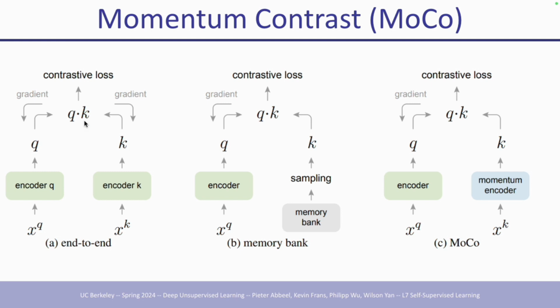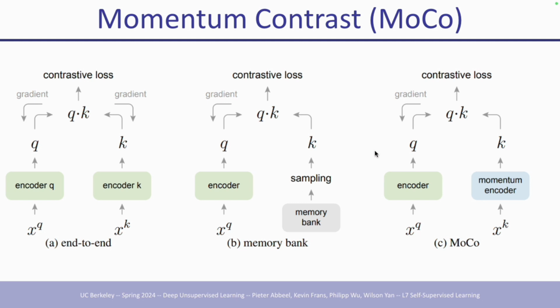So given that we want to have some type of trick to keep a larger batch size, maybe it makes sense to have this memory bank. And that's what we could potentially do over here. The issue with having a memory bank like this as your target is you might end up with some type of collapse, where you have your encoder over here, but then these things are always fixed.